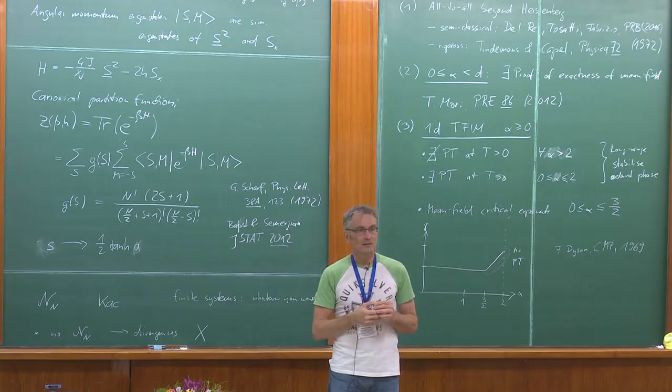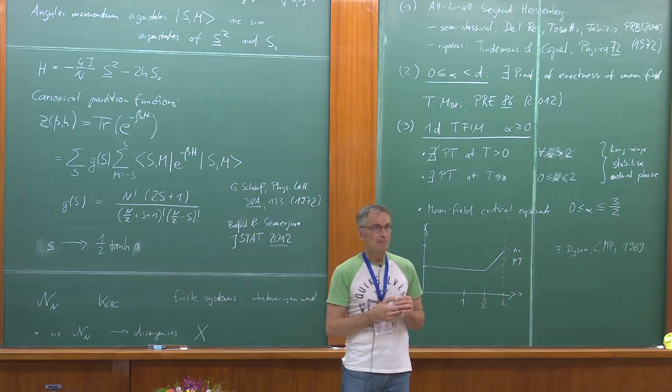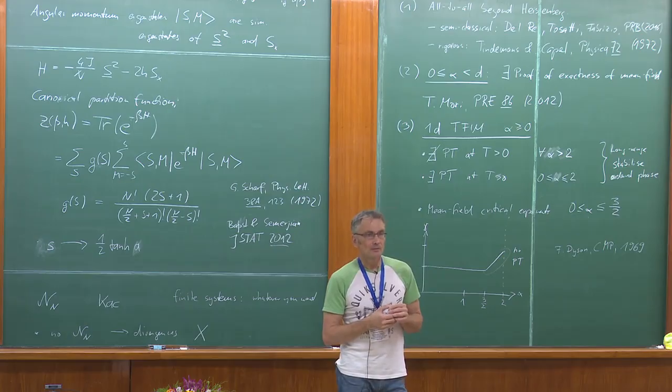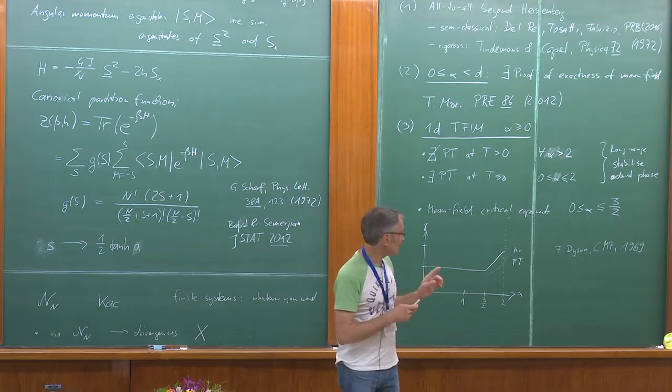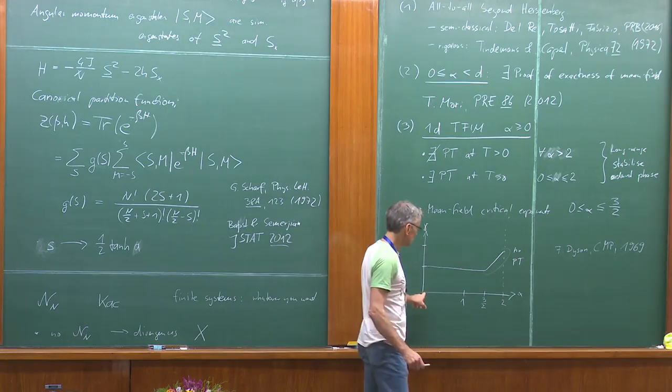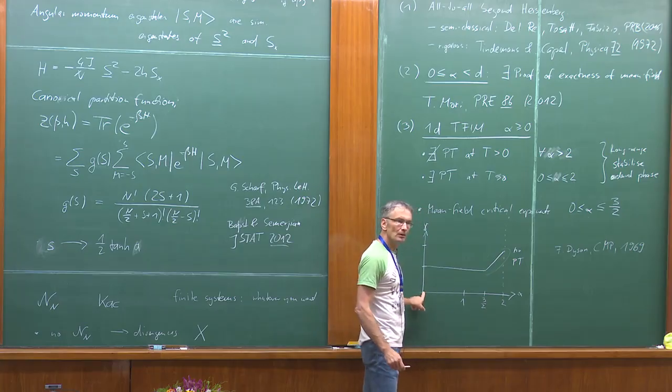So for the quantum transverse field Ising model, with alpha positive, is there an analytical solution for all alpha?